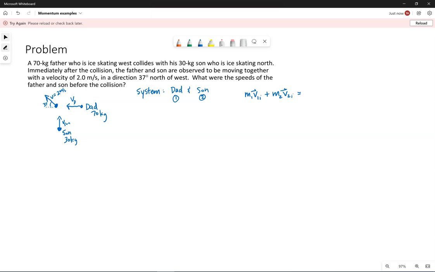They're moving together. This makes the collision perfectly or totally inelastic. And so we can combine their masses. They will be traveling with the same final velocity. All right, so momentum is conserved. P initial of the system is equal to P final of the system.